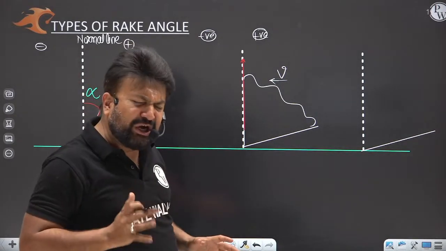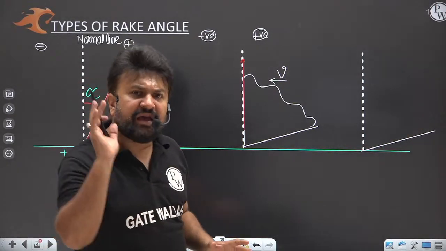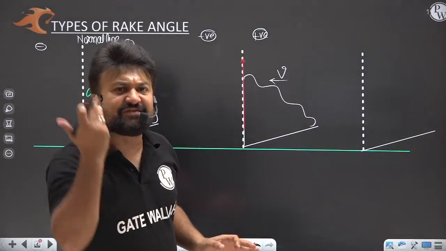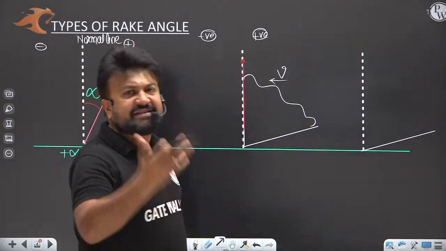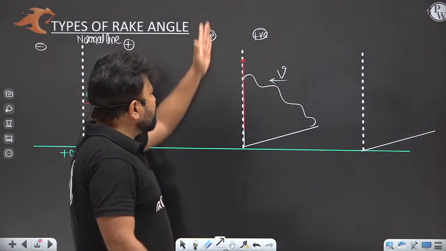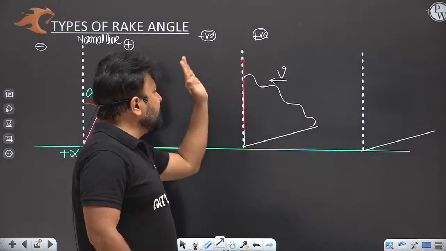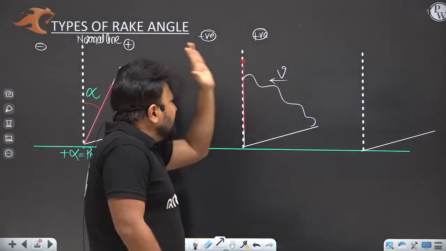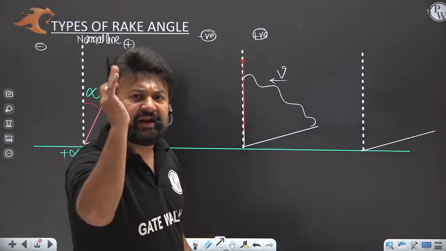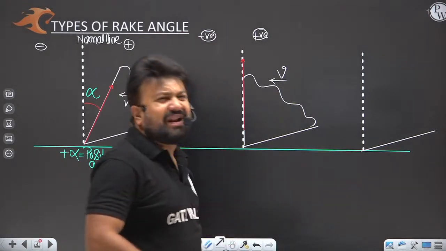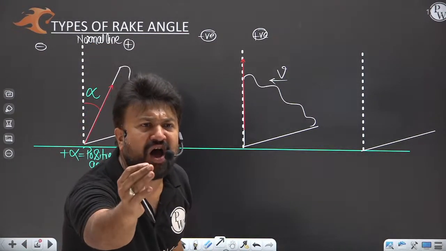Here the inclination of the rake surface from the reference line, from the normal line, is what?